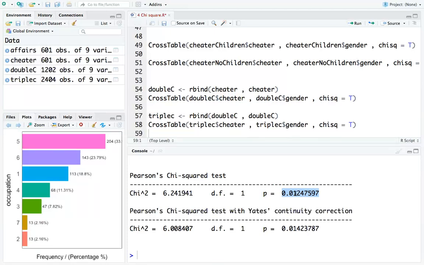So that's the discussion as to what many people wonder: how many people do I need to survey? There are calculations for that.